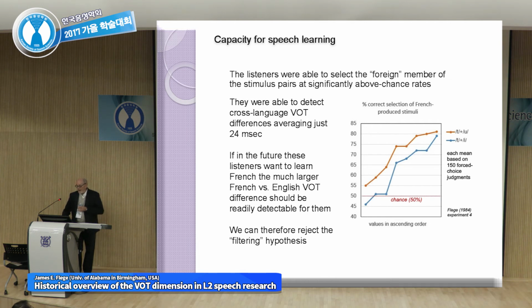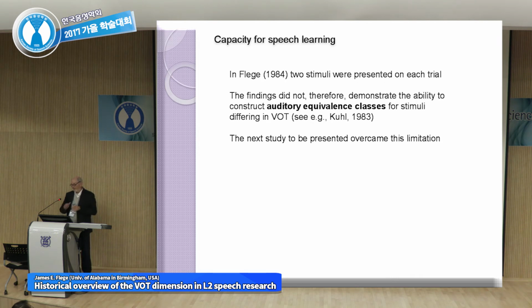They were, in effect, able to detect cross-language VOT differences having an average value of 24 milliseconds. If, in the future, these listeners would want to learn French as a second language, French versus English VOT differences should be no problem. We can therefore reject the filtering hypothesis. Now, in the study I just briefly mentioned, the two stimuli were presented on each trial.